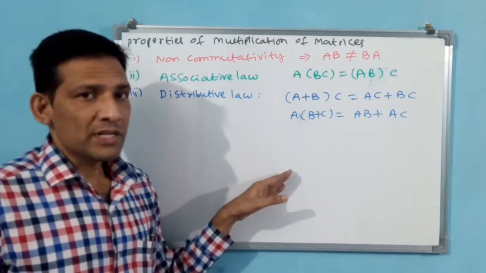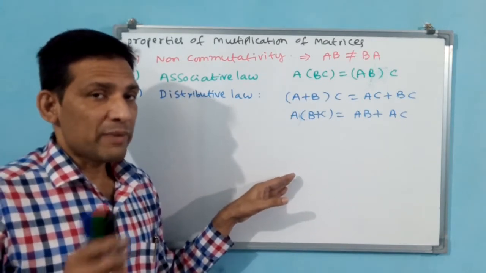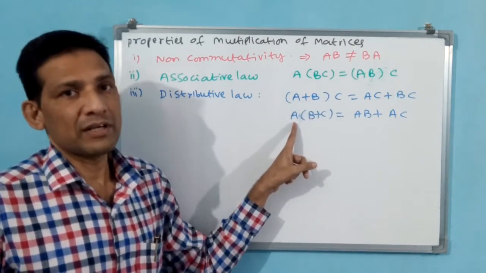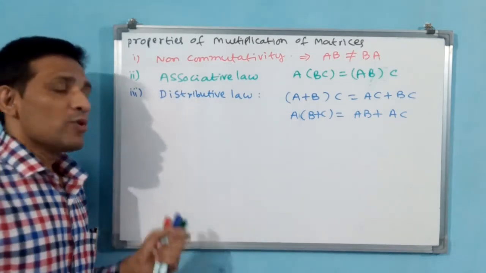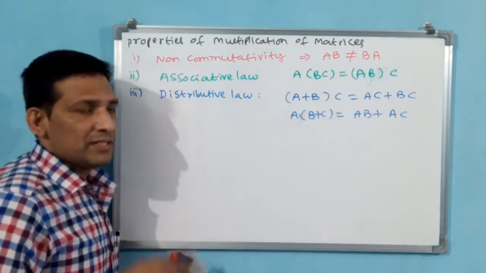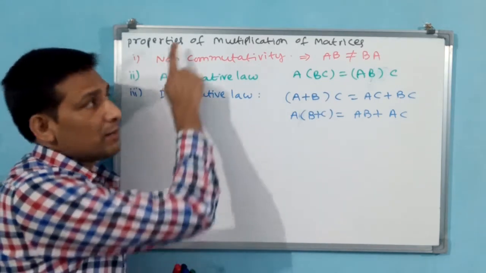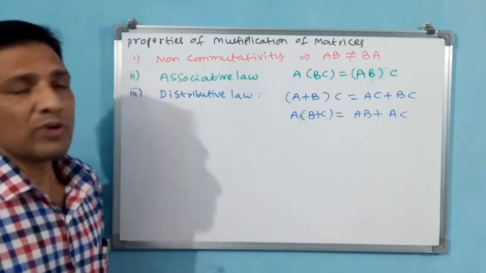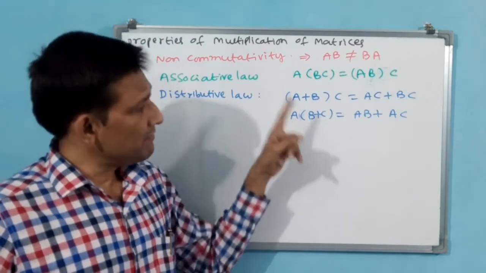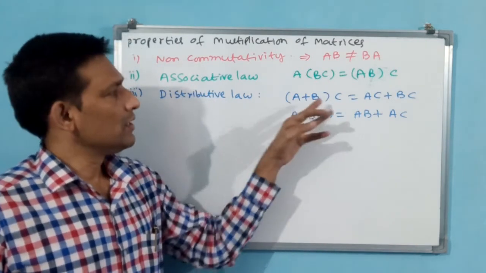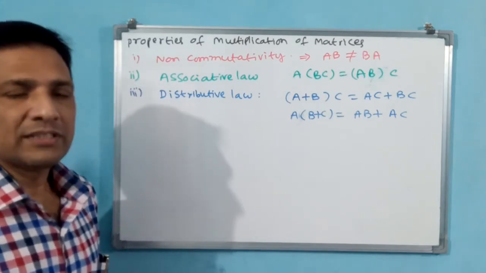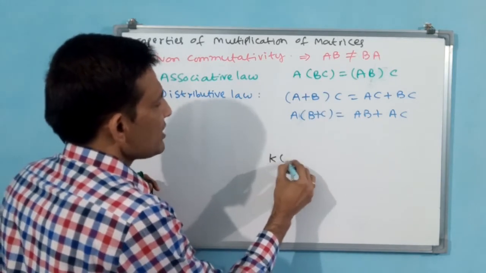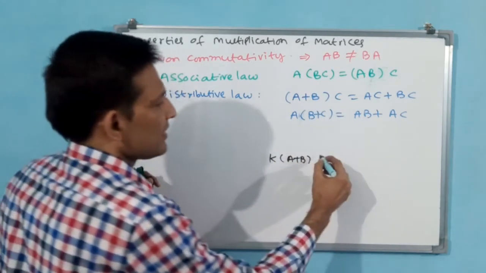These 2 results we have already seen in properties of multiplication by scalar. Here one scalar will come, here both scalars will come. What we have seen: K into (A plus B) equals KA plus KB, where K is a scalar.